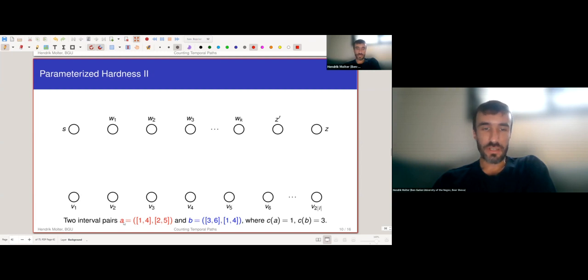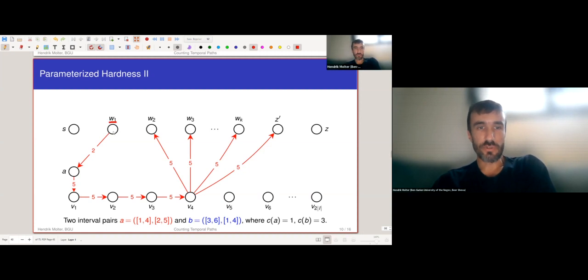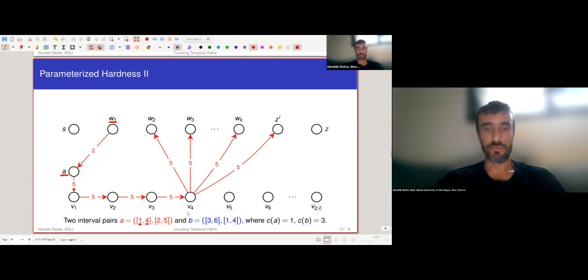And so for this vertex A, which has color 1, we start at this color 1 vertex, and then we go via some intermediate vertex to the vertex corresponding to the starting point of the first interval, and it goes until the vertex corresponding to the endpoint of the first interval, V4.